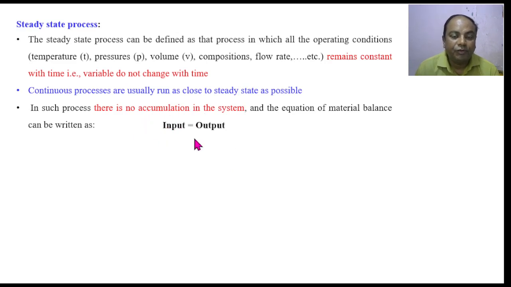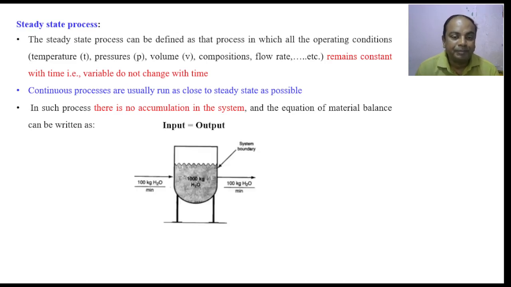So this is the equation that we have to adopt whenever we are performing material balance calculation on steady state processes. Here you can see that initially the input, that is 100 kg water, enters into the system, the process takes place, and instantly the same amount of constituent is taken out of the system.